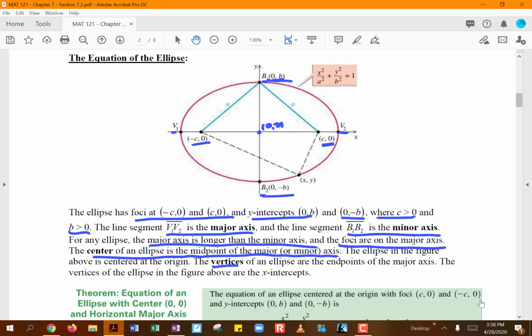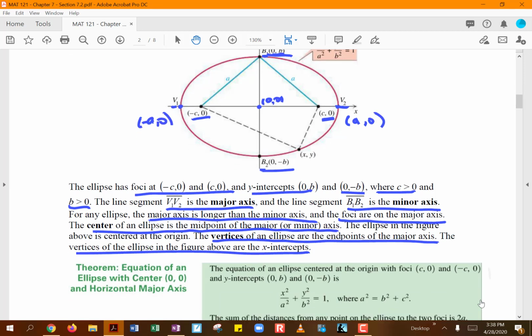So again, remember the vertices are the endpoints of the major axis. In this case, your vertices are going to fall right on top of the x-intercepts. Normally those ordered pairs for our vertices, or x-intercepts, will be (a, 0), and on the other side, (-a, 0).